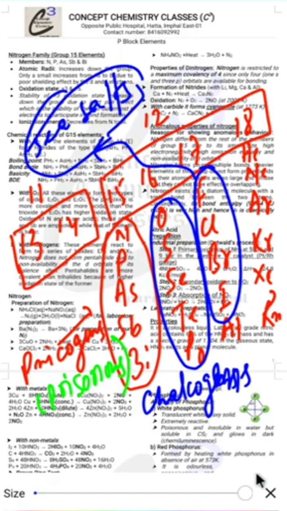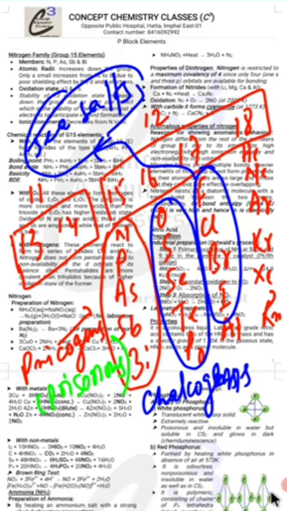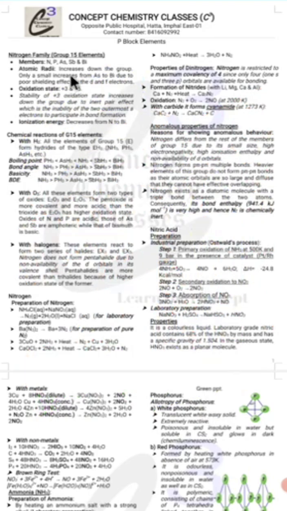So I'm going to start the nitrogen family now. In the nitrogen family, let us discuss atomic radii first. Atomic radii increases from top to bottom generally.